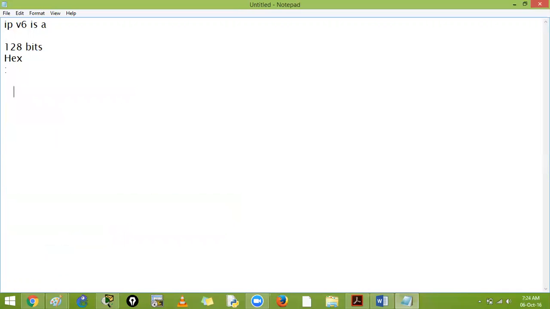The other thing in IPv6 is they gave you a very nice chance. For example, if I give you a number, 2001:0000:0000:0000:00A0:0000:0000:0001, that is 8 hextets like this. What they said was you can omit the preceding zeros.